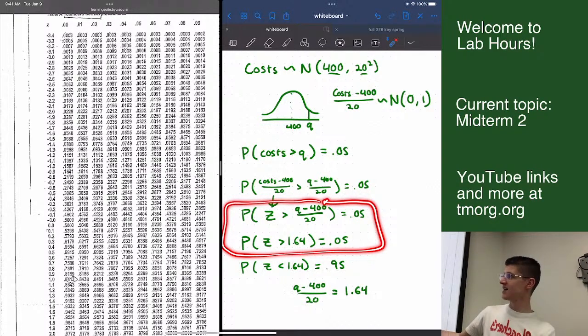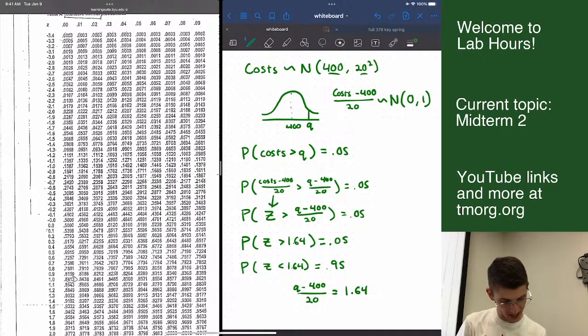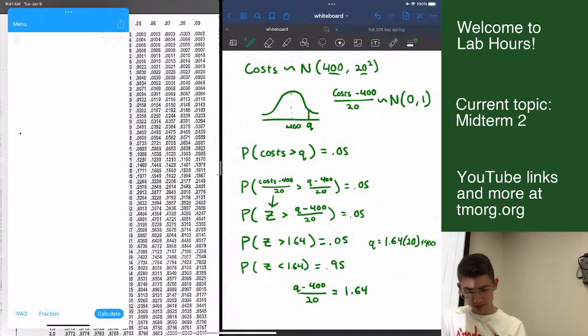Which means if everything else is equal about these equations, Q minus 400 over 20 has to equal 1.64. So when I solve for Q, I get Q is equal to 1.64 times 20 plus 400, which is equal to, 413.8.